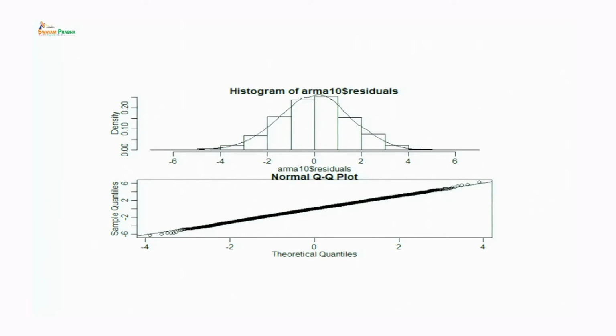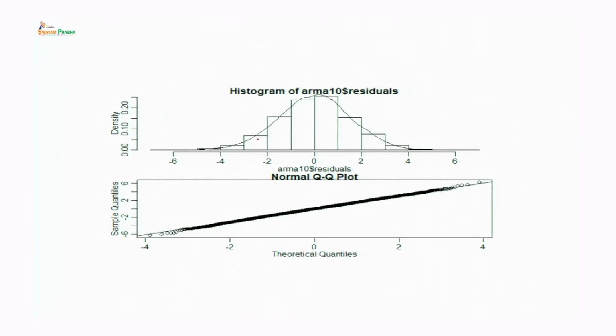These are the histogram and normal QQ plot for your residuals. I will discuss these normal QQ plots in detail later, but just looking at this histogram, you can easily say that the distribution of these estimated residuals is normal.